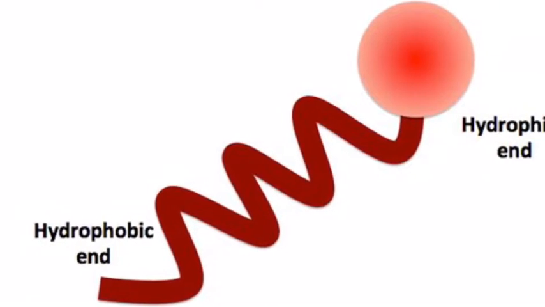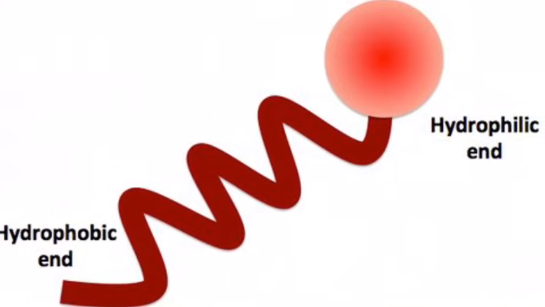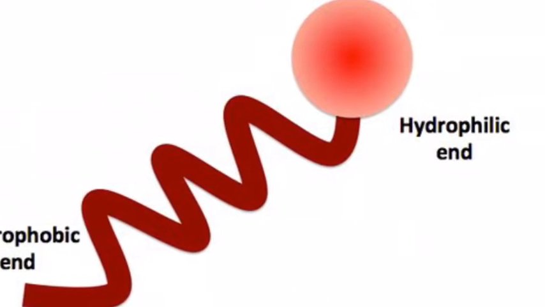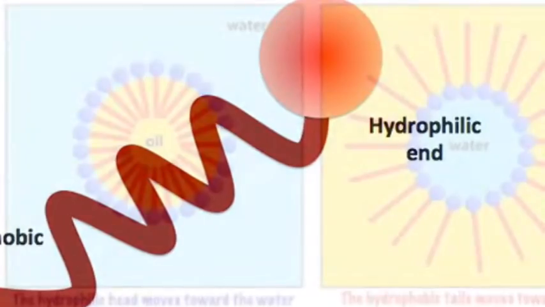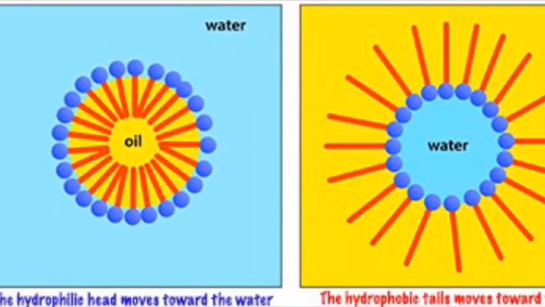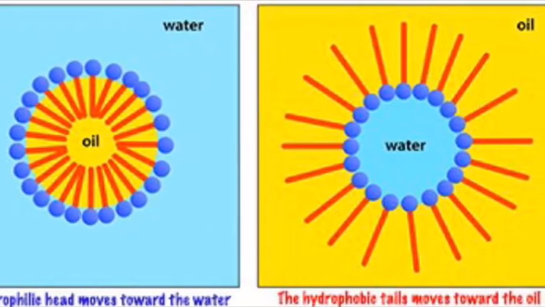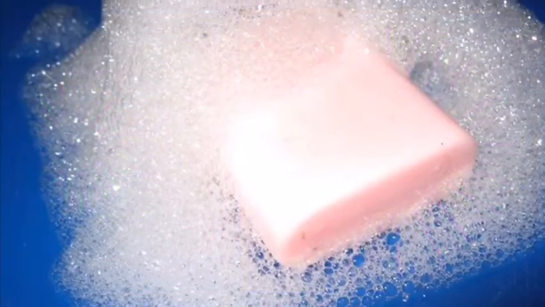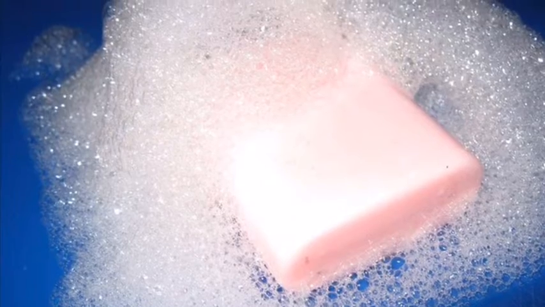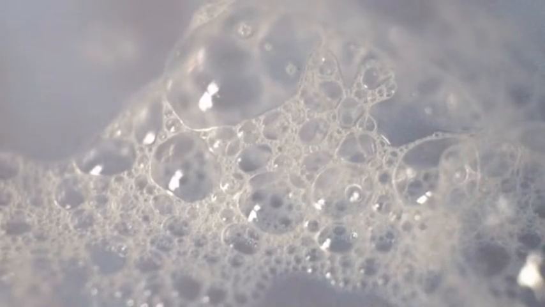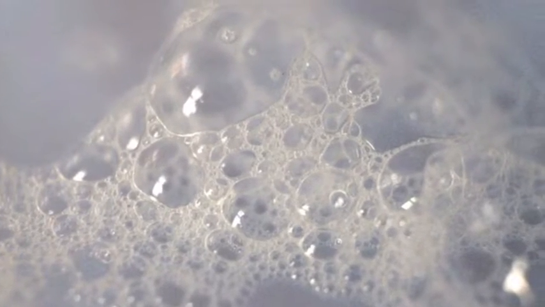Soap is made of pin-shaped molecules that have a hydrophilic head, which readily bonds to water, and a hydrophobic tail, which repels water, and is more attracted to oils and fats. When soap is suspended in the water, they start assembling themselves into bubbles. These are called micelles.